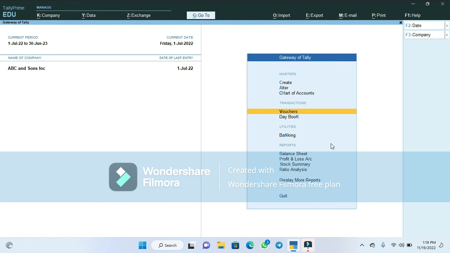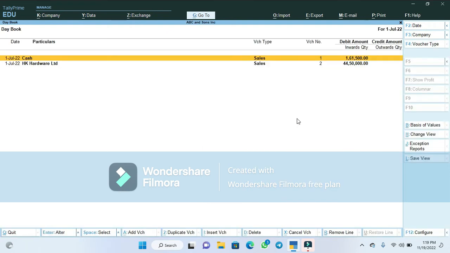At this juncture, allow me to show you what happens in the daybook. Let's go to the daybook and press enter. The daybook is going to show us all the transactions which have occurred on the selected day or days.